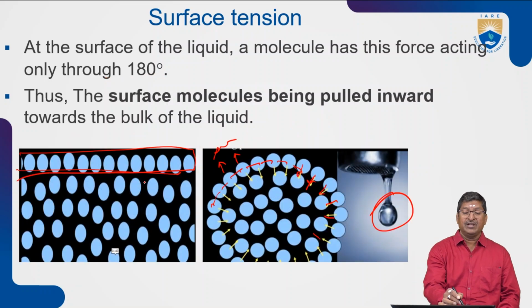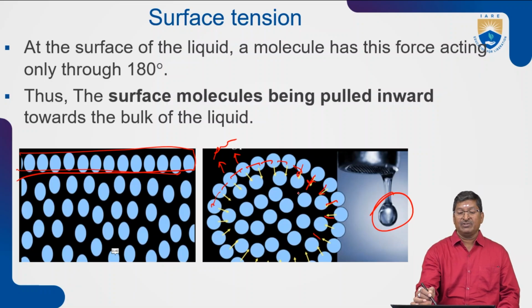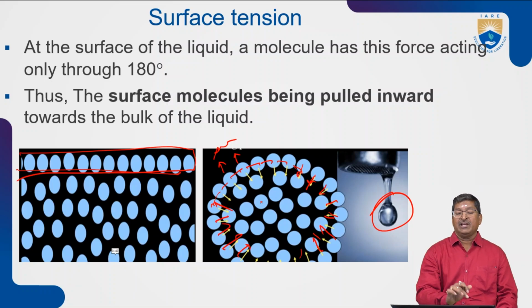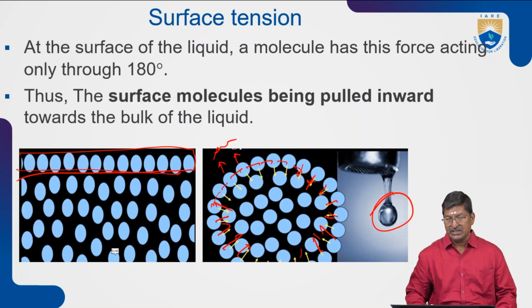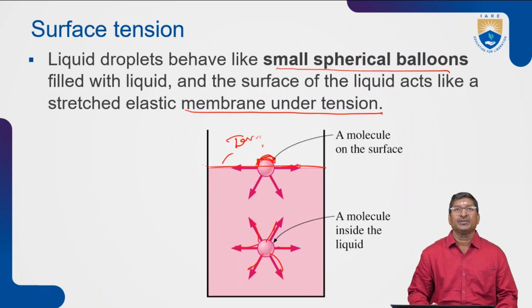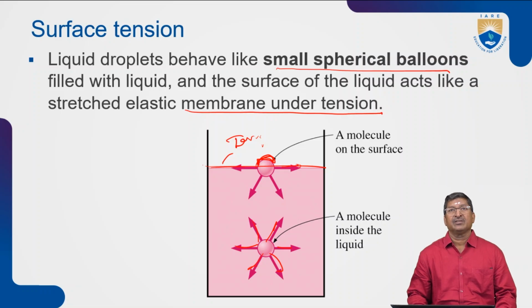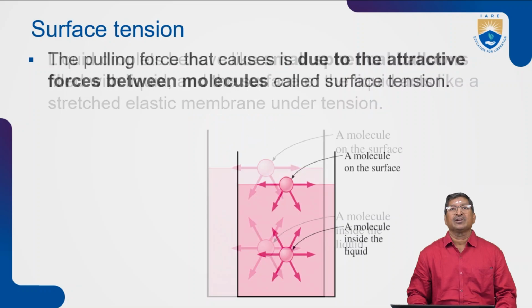And because of this top surface, if a droplet is there, all the molecules will come close towards inside, so that it will have a roundish, spherical shape. Small liquid droplets will act as small spherical balloons because of this molecular attraction and surface tension.